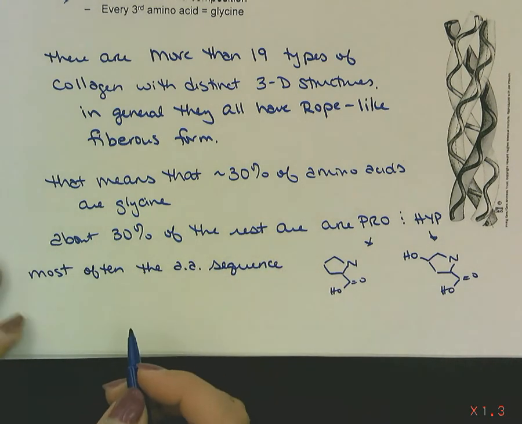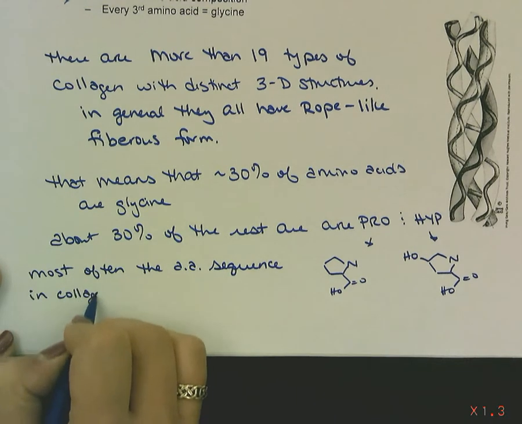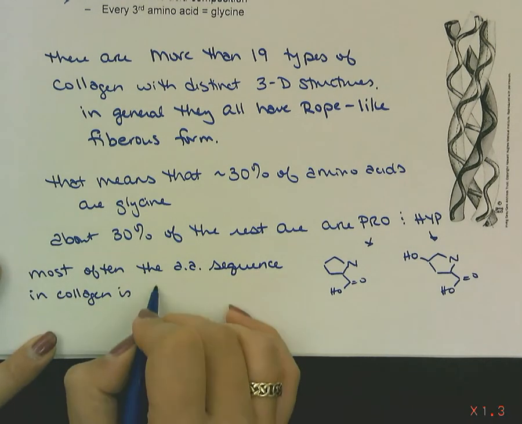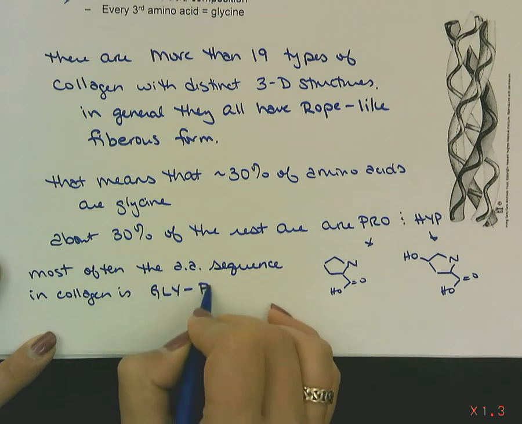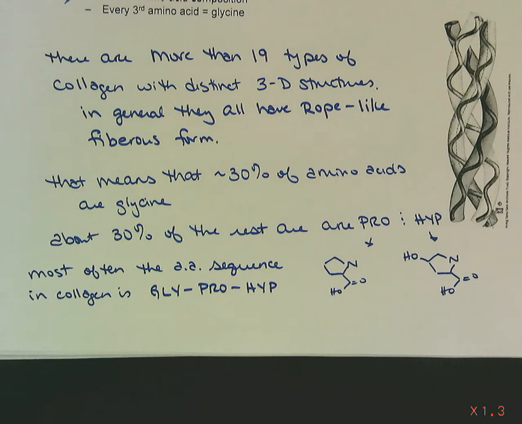So most often the amino acid sequence in collagen is a glycine, a proline, and a hydroxyproline. What makes glycine one of our unique amino acids? It's not chiral, right?